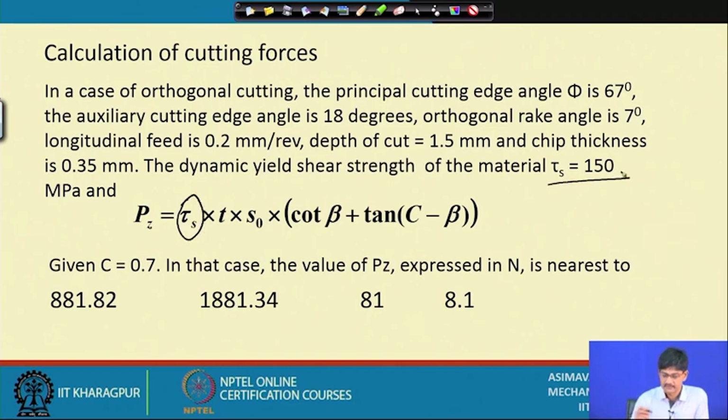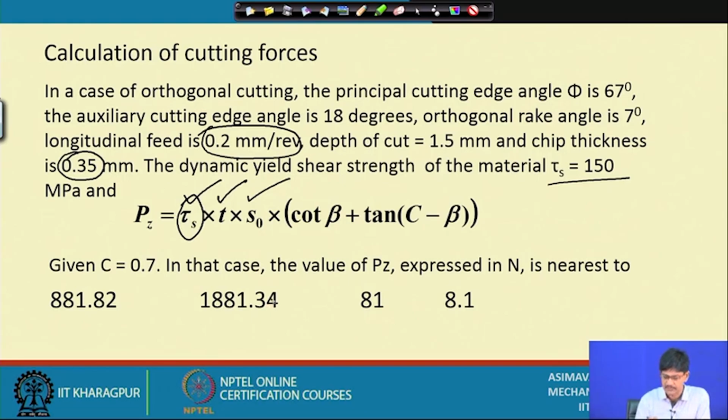Yes. So, I put a tick here. I need the chip thickness. Is chip thickness provided? Yes. I need the feed. Is the feed provided? Yes. I need beta. Is beta provided? No, but I can find out beta.